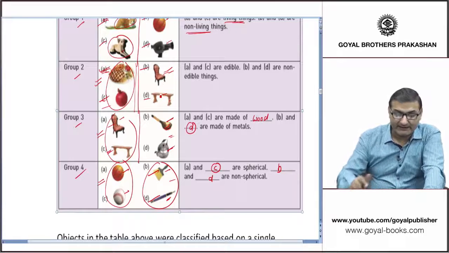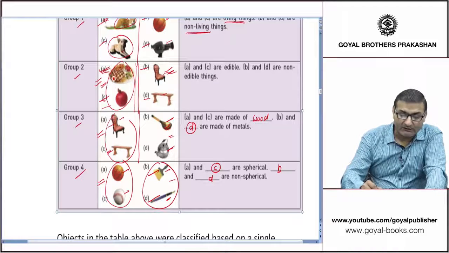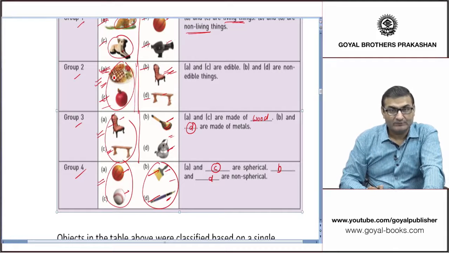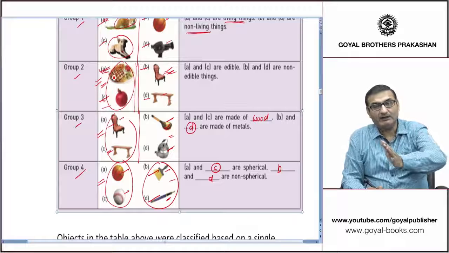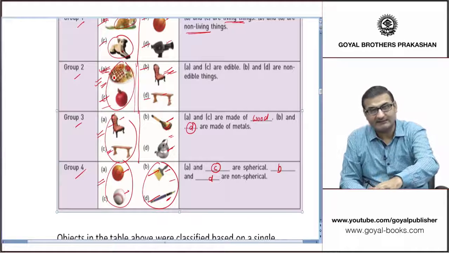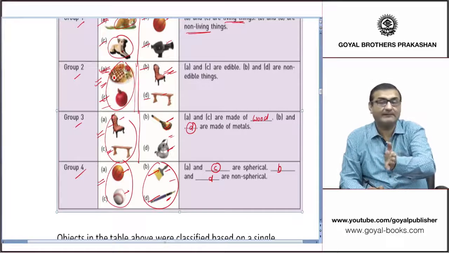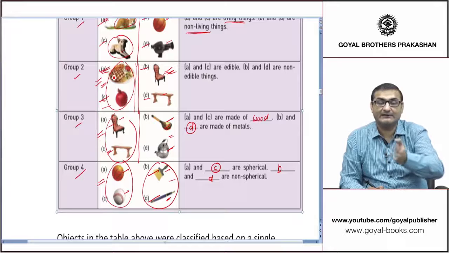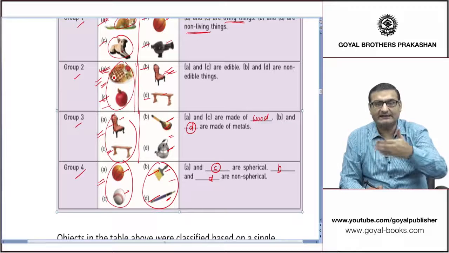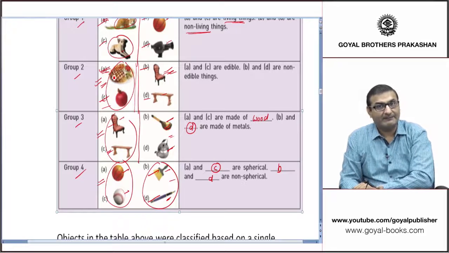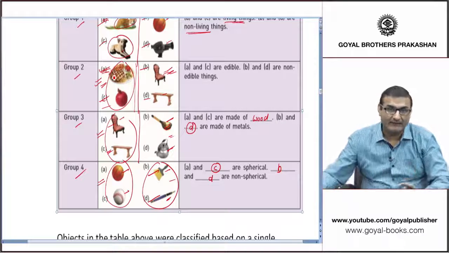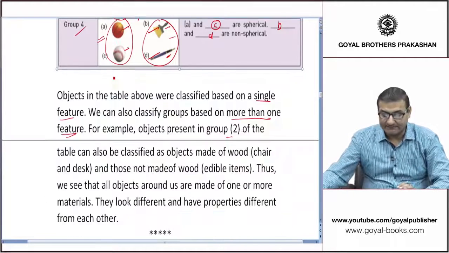Secondly, we can also relate made up of wood and not made up of wood. So, one thing is edible, non-edible. Another way of classifying the same thing is what they are made up of, what exactly they are constituted of. Depending upon that also we could have classified them.